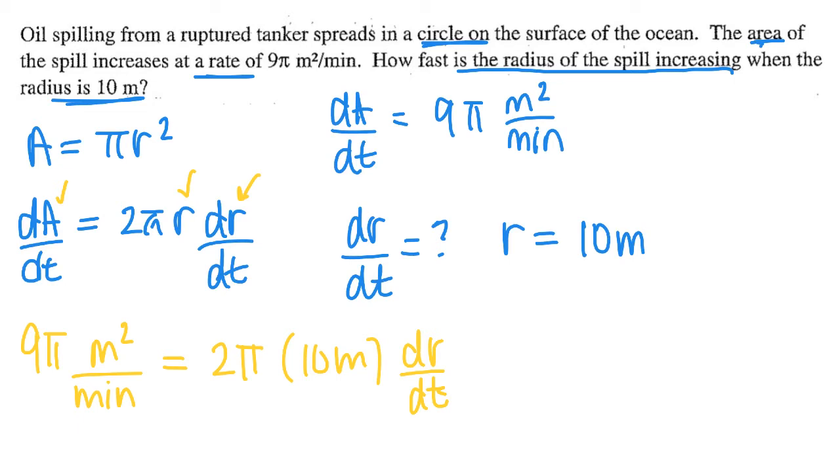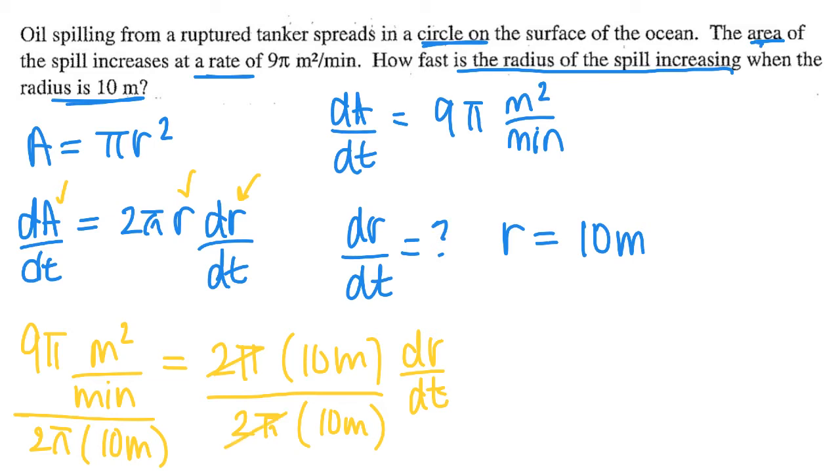I'm going to divide everything over. So I would have to divide 2 pi times 10 meters from both sides. So 2 pi times 10 meters. And notice I'm not multiplying all of this out unless I just have to. And so these will cancel, this will cancel, thank goodness.